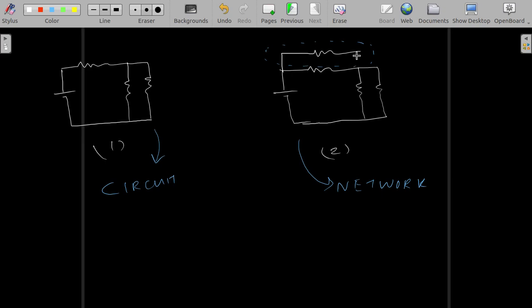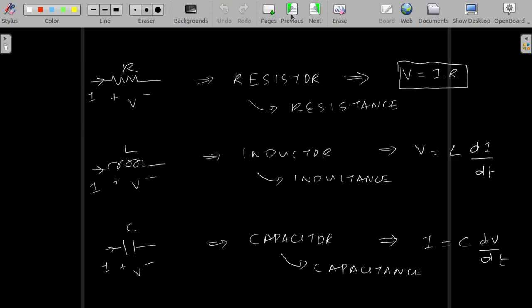There can be open paths. So in reality, most of the things that we see are networks. Circuits are sometimes not always possible. Most of the things that we see are networks only.